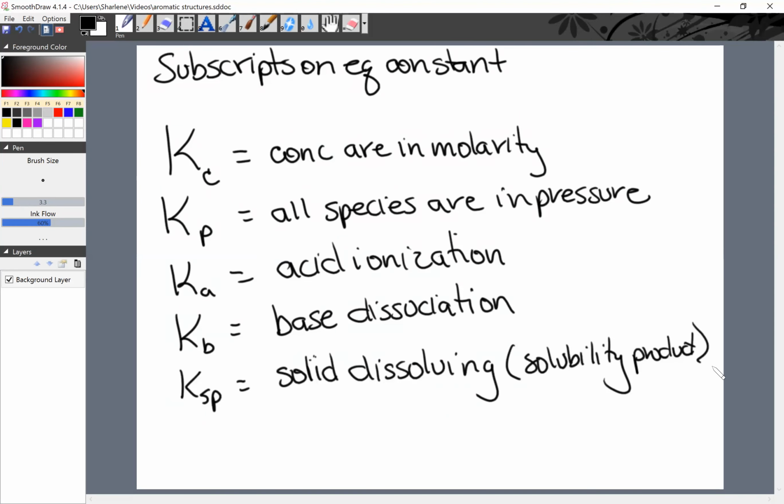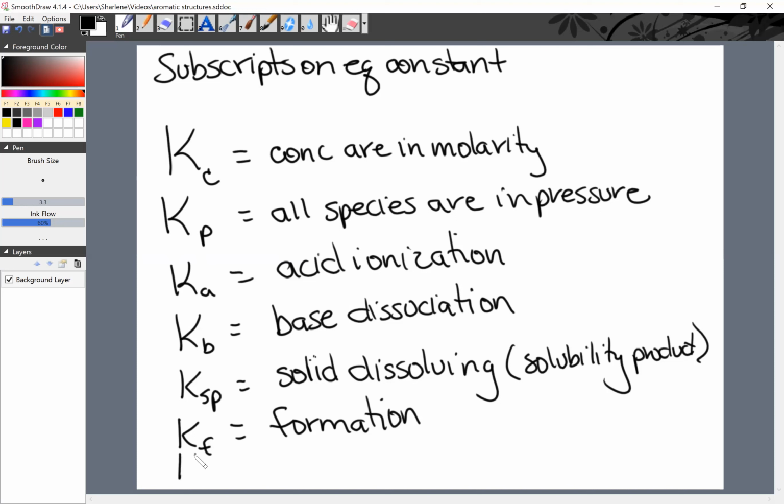Okay, let me see. So Kc, Kp, Ka, Kb, Ksp, oh, Kf. Kf is generic for formation. If you'll notice, it's not as specific as the others, but you're forming a compound. And when we get to that point, I will show you some of those.